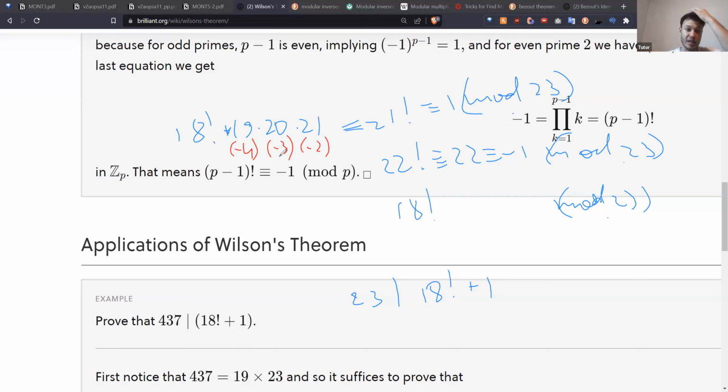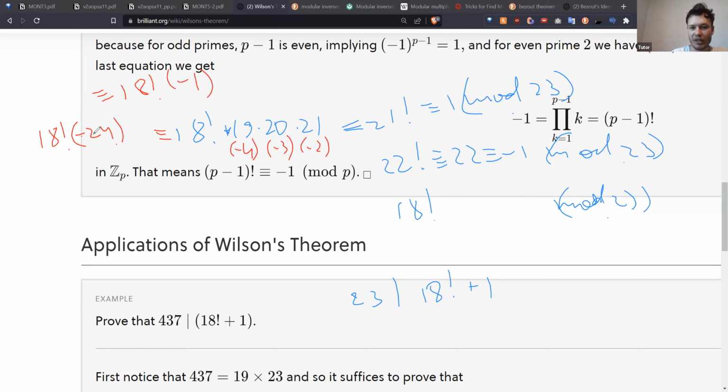So this entire thing is congruent with 18 factorial times minus 24, and minus 24 mod 23 is minus 1. So all of this is going to be congruent with 18 factorial times minus 1 mod 23.